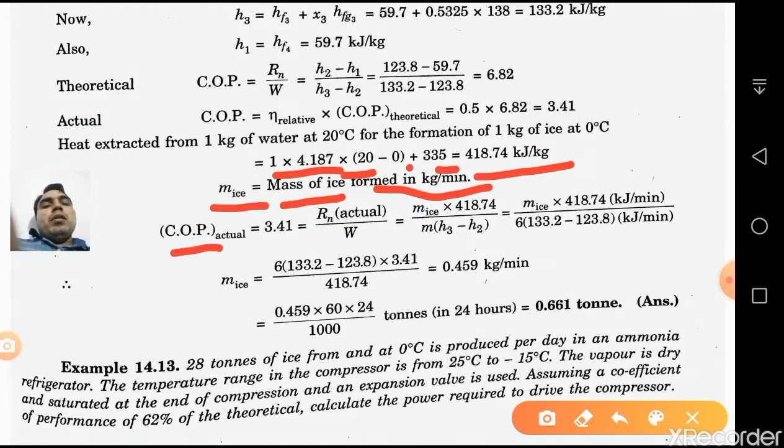COP of actual equals 3.1441 and equals the actual refrigerating effect divided by work done. So refrigerating effect is also equal to the rate of ice formation multiplied by the latent heat, the heat extracted from the ice. So m is the mass of the ice.